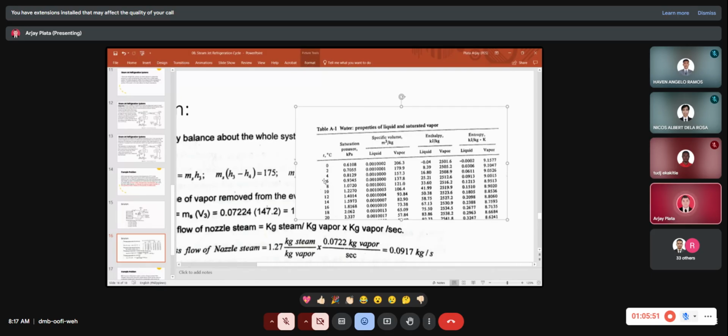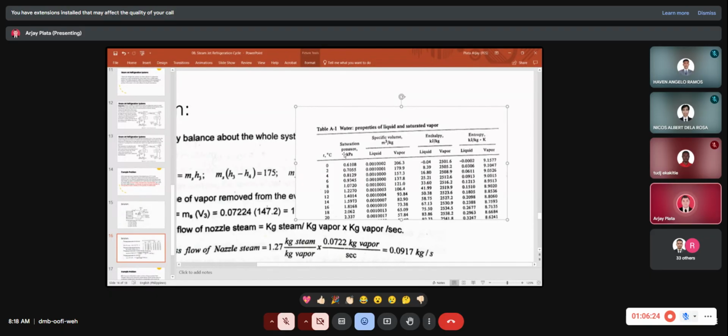So what is the value at 5 degrees Celsius? 147.55. So yeah, I think this is the value.